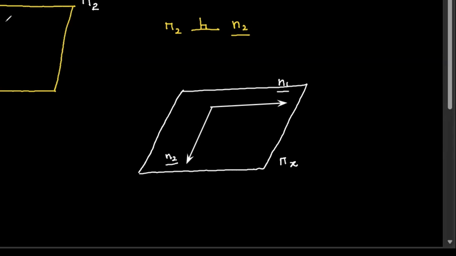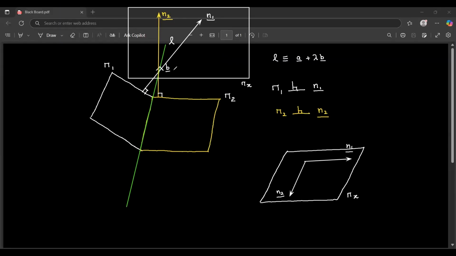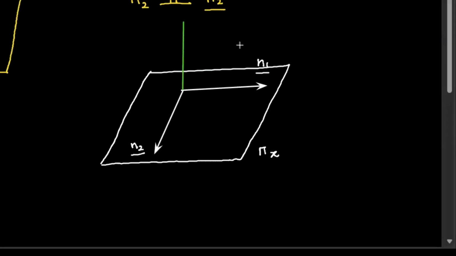The beauty of this plane and the line L is that the line L will be perpendicular to the given plane, which means the direction vector of line L will be perpendicular to the plane.